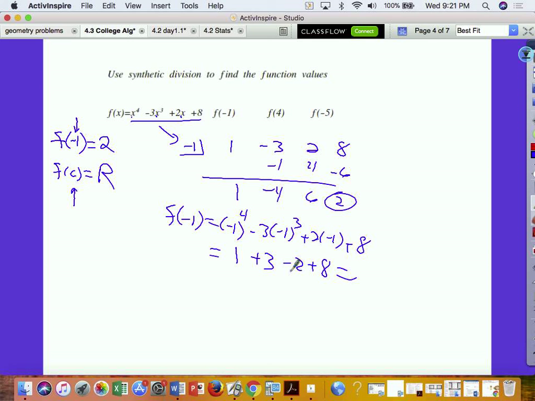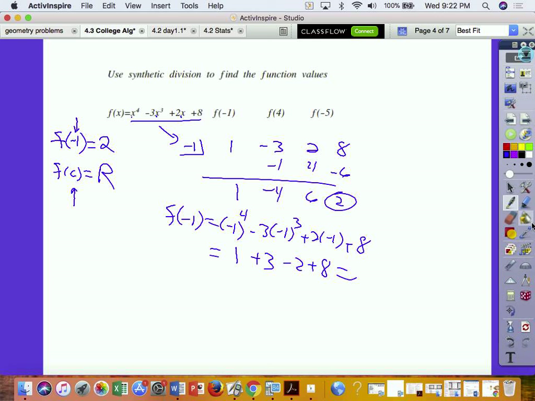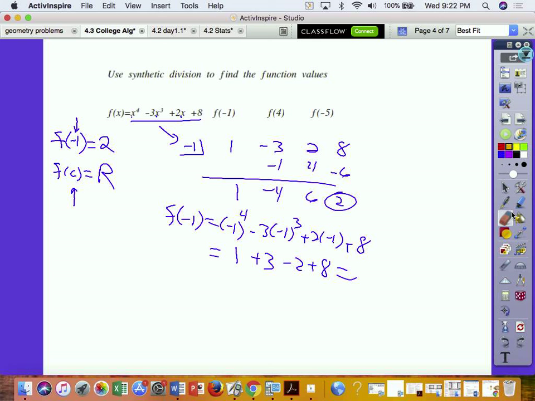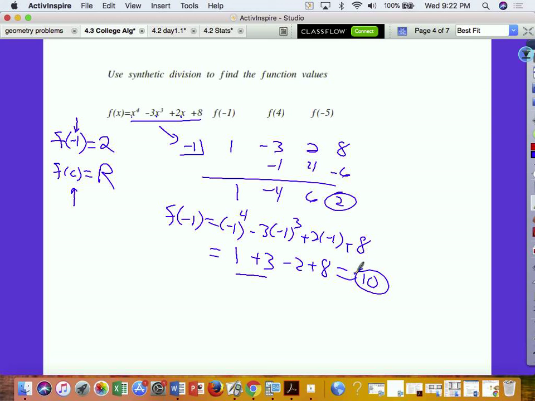Now something's wrong here. Oh, I forgot something. It's a good check. The f of negative 1 is actually going to be 10. So look at that and see what I did wrong. It's up here.